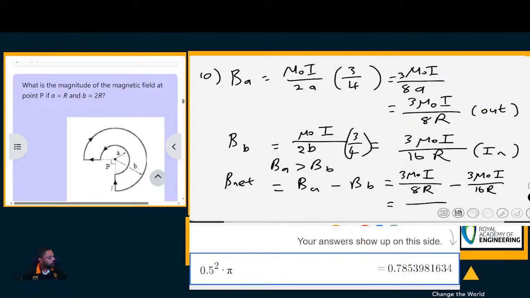The common factor here is 16R. We double this one, so it's 6 mu naught I minus 3 mu naught I. So 6 mu naught I minus 3 mu naught I leaves you 3 mu naught I over 16R.